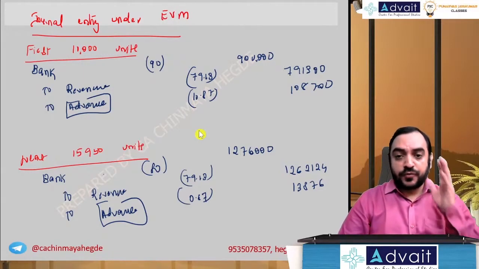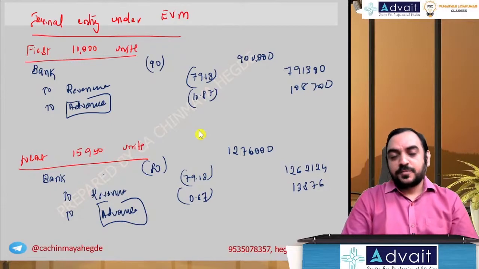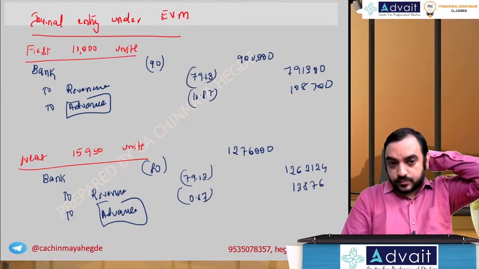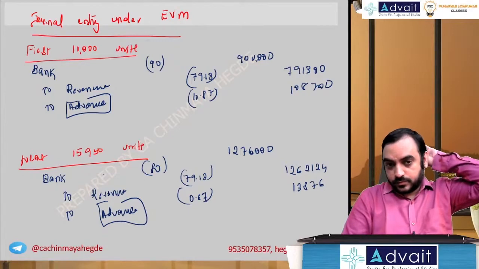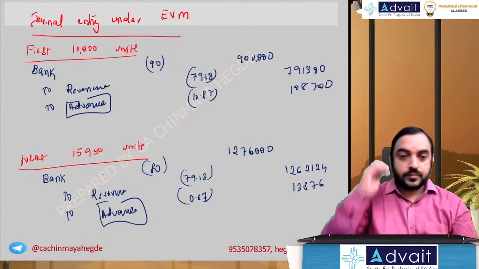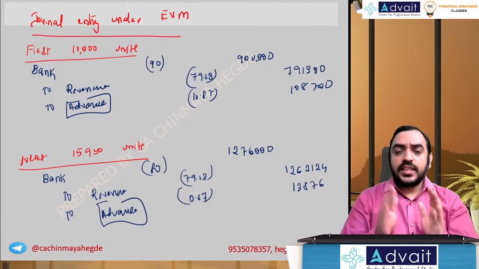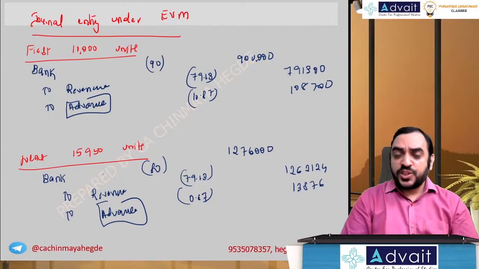Anyway, I'll just tell you once more fresh. You try to write it here. Okay, now think fresh. What is the revenue we have recognized on an average basis, per unit basis? 79.13.